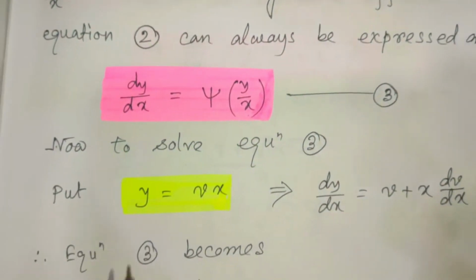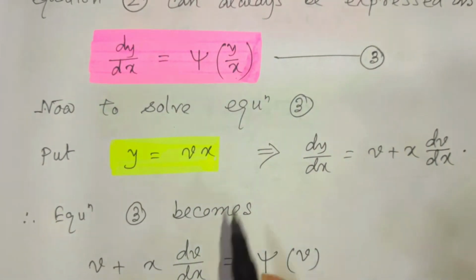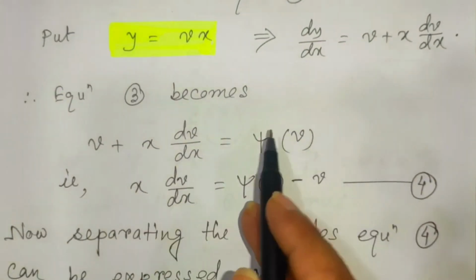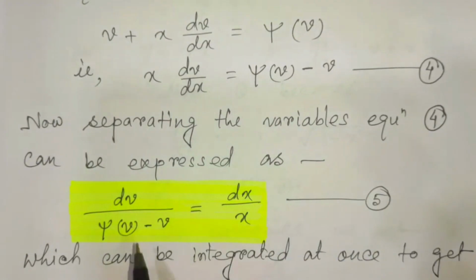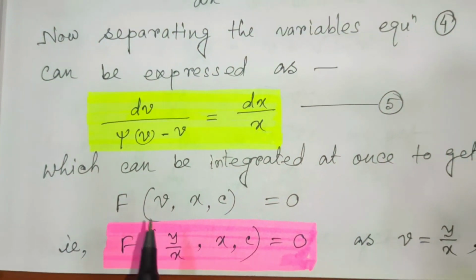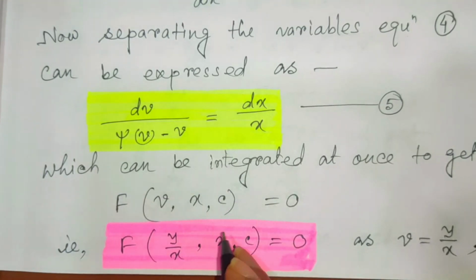If we put y equals vx and dy dx equals this, then after substitution of these two, the equation becomes this way. Here we should apply separation of variables, and if we integrate, we shall find the primitive in terms of v. There v should be replaced by y by x to get the desired solution for the differential equation.